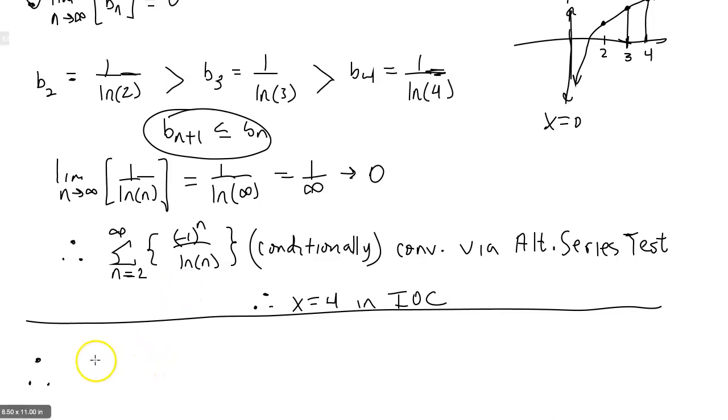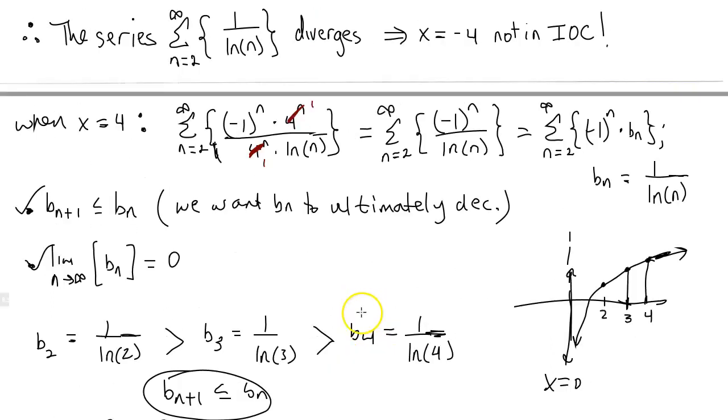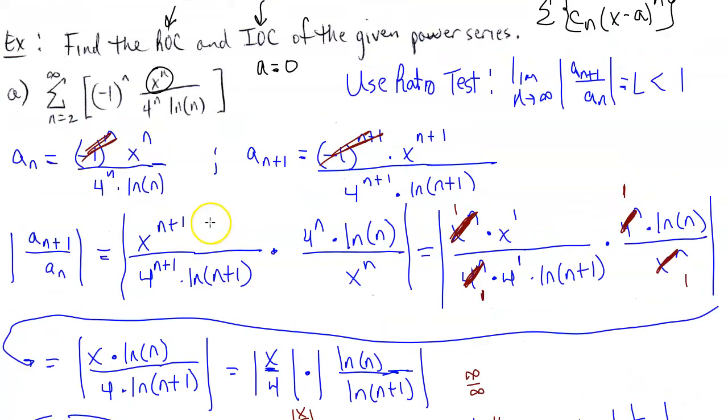We know that the true IOC for the series that we began with at the very beginning of this problem is going to be this particular interval, where when x is -4, it's not included, but when x is 4, it is included. And the ROC, or R, is just going to be 4.